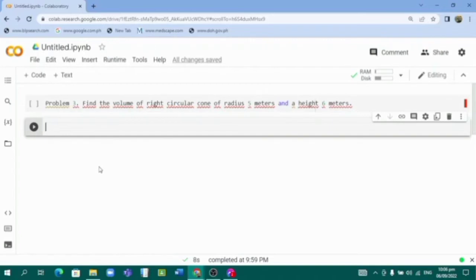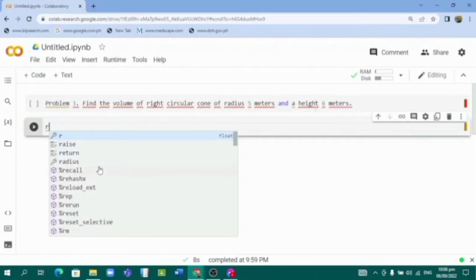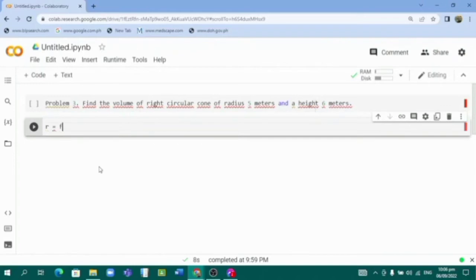Problem number 3. Find the volume of a right circular cone of radius 5 meters and height 6 meters. So on the first line, we're going to put here r, which represents radius, equal sign, space, float function, close open parentheses. Then input, we ask the user to enter the radius, quotation mark, colon, then space.